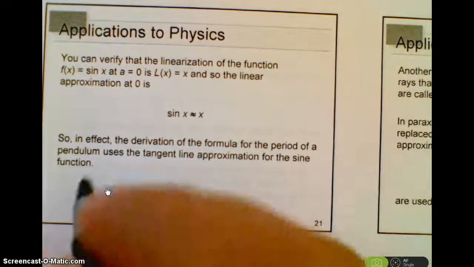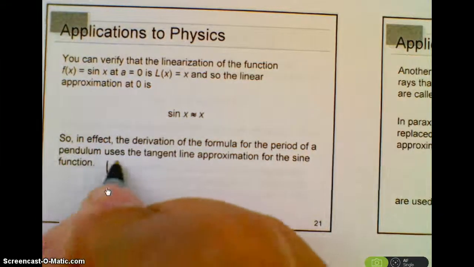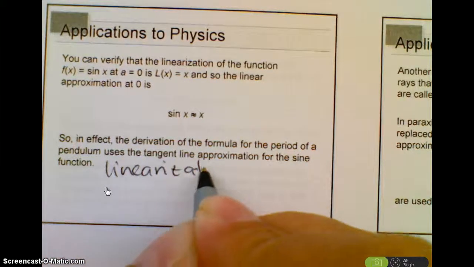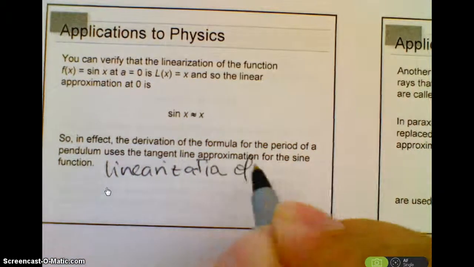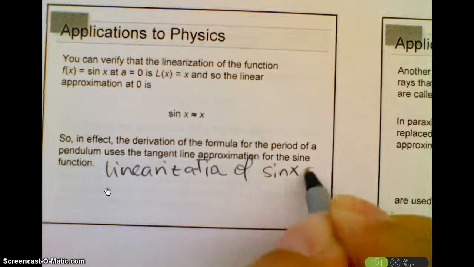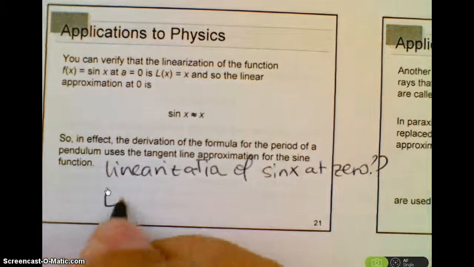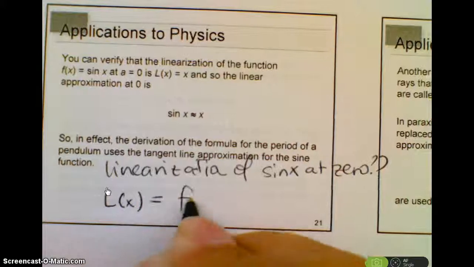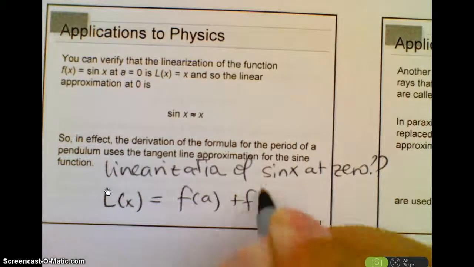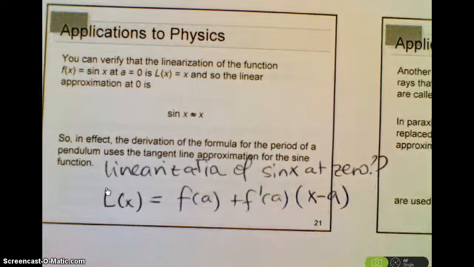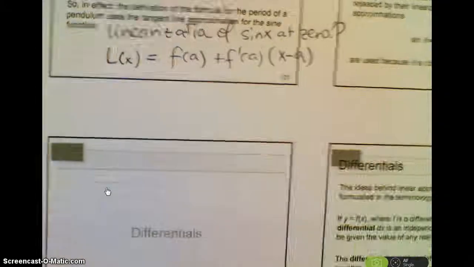Anyhow, so what would be the linearization of sine of x at 0? So L of x equals f of a plus f prime of a times x minus a. So let's see what that turns out to be.